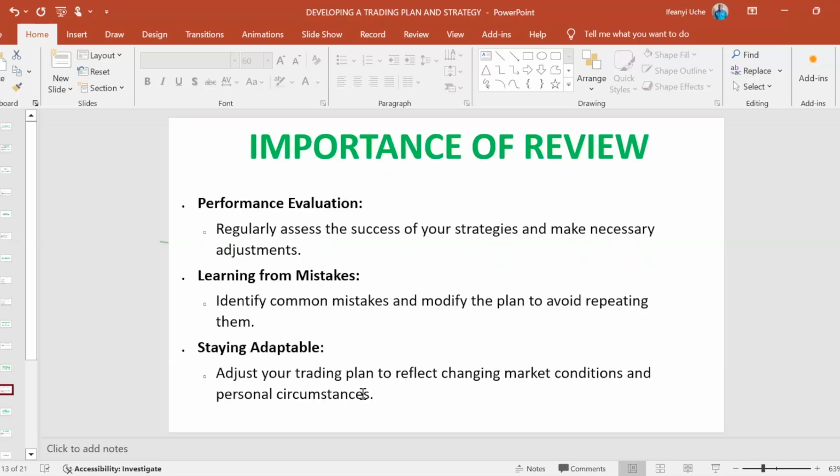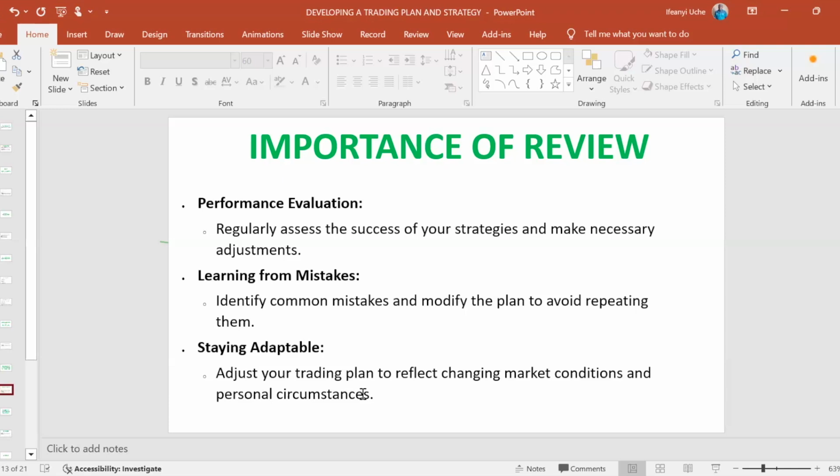Now you're going to be doing performance evaluation and then pick up lessons from your mistakes and then keep on adapting. For example, now let's say the strategy you're using is a 3 EMA strategy, and your risk management strategy also maybe tells you that you are going with a risk to reward ratio of 1 to 1. Yes, there are strategies that can do 1 to 1 or 1 to 1.5 or 1 to 2.